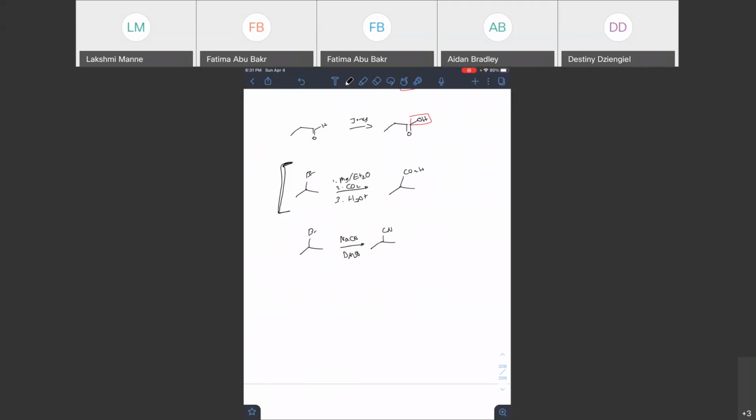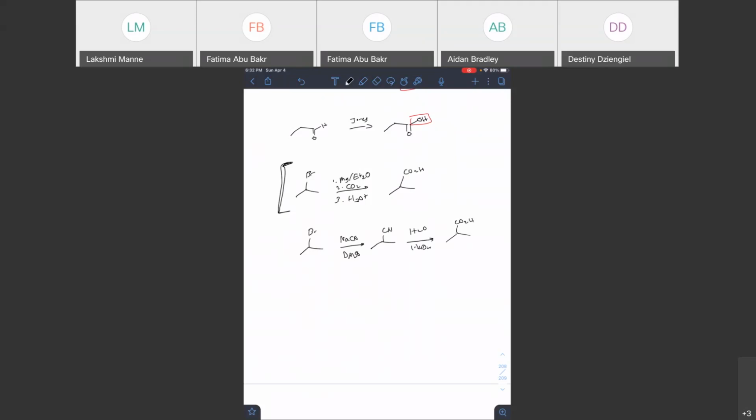The sodium is a spectator ion, and the CN just attaches right where the bromine had been. It's a substitution. After that, how can we get from CN to an acid? You just do H2O and H2SO4, and it literally becomes an acid.